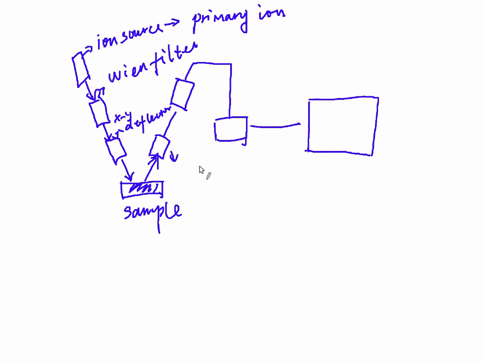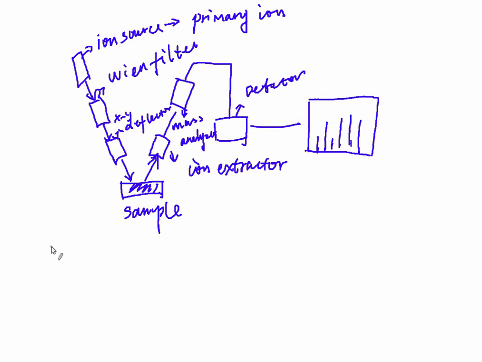The secondary ions will be released from the sample surface and collected by an ion extractor, and then pass through a mass analyzer and reach the detector. After that, you can get a spectrum of the secondary ion mass spectroscopy.